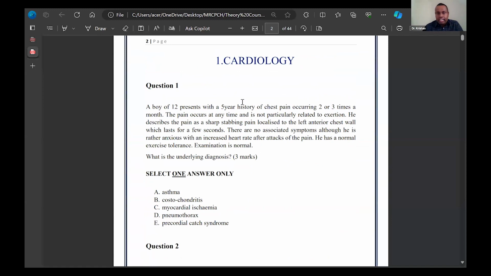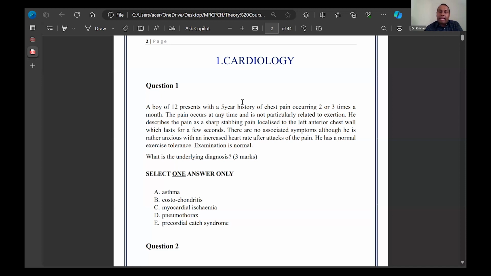Right, now, question number 1. Cardiology. Boy of 12 years with a 5-year history of chest pain occurring 2 to 3 times a month and pain at any time, and is not particularly related to exertion.